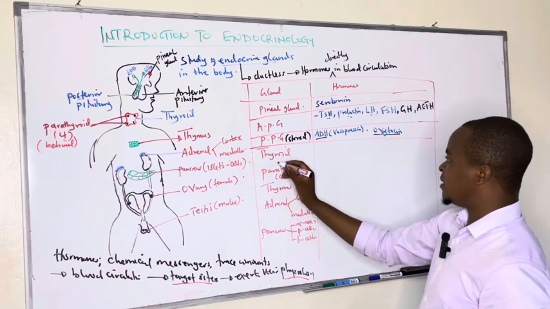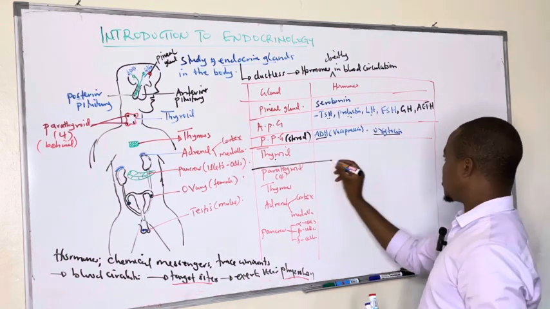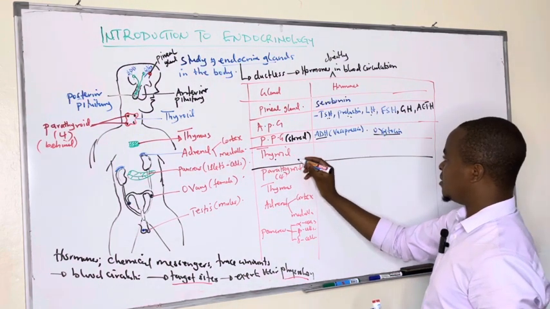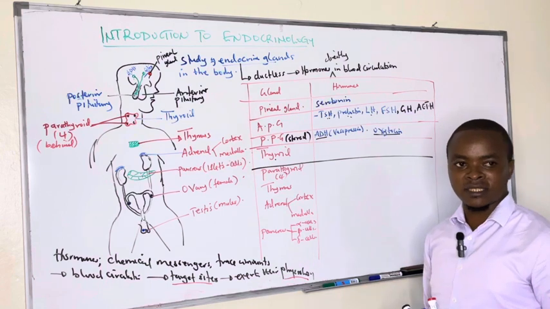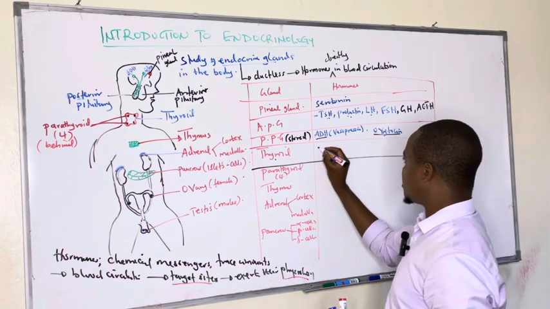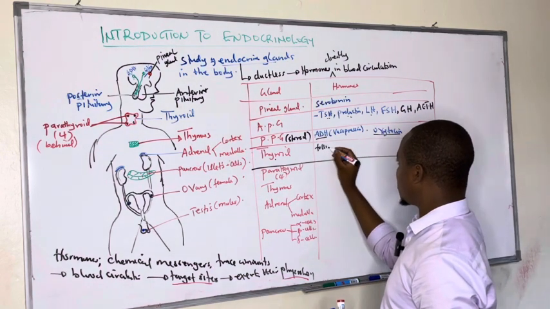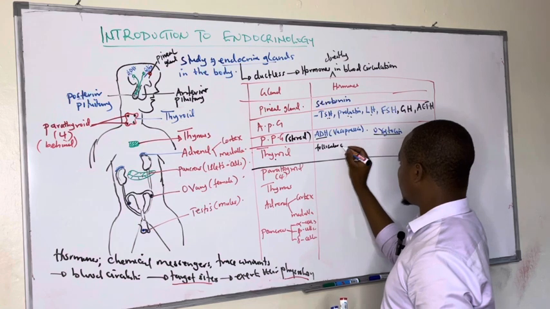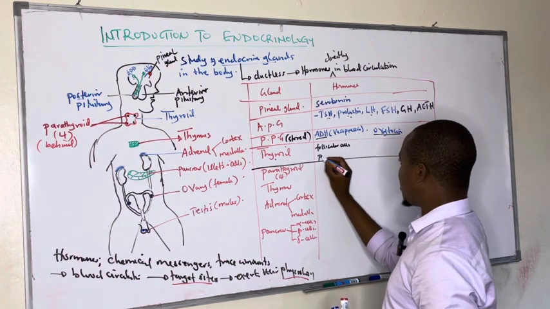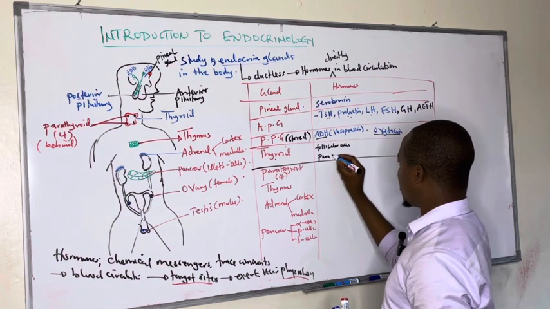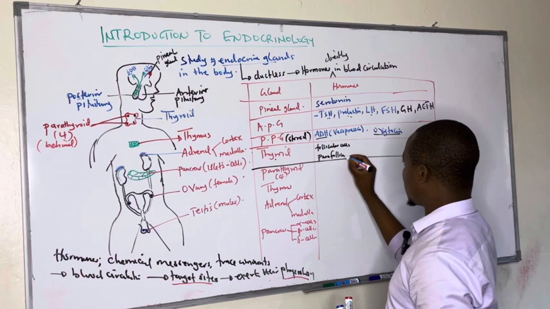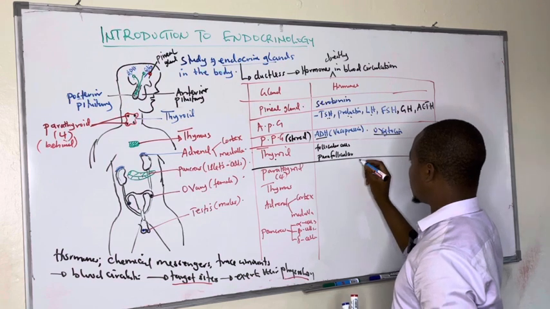Then another gland is the thyroid, and this thyroid gland contains 2 different cells: follicular cells and parafollicular cells.